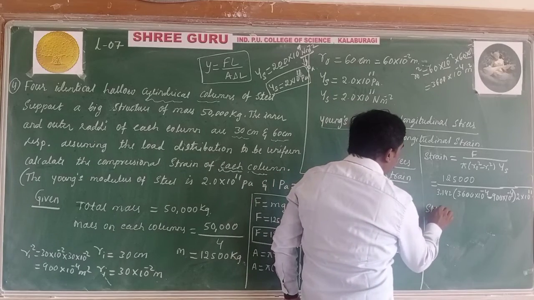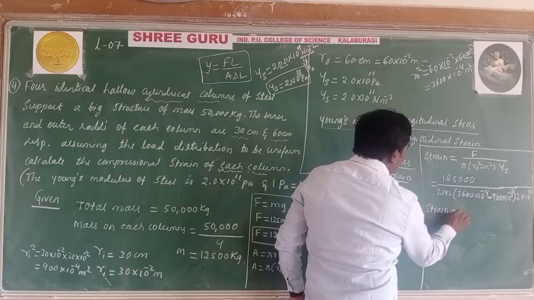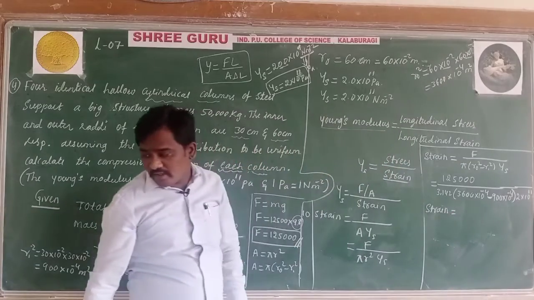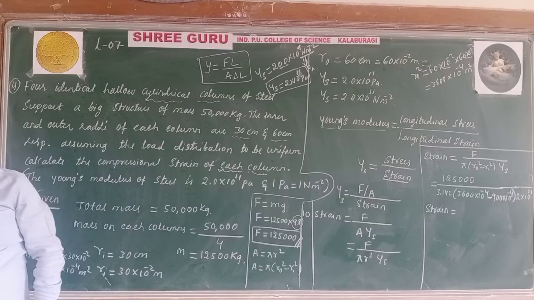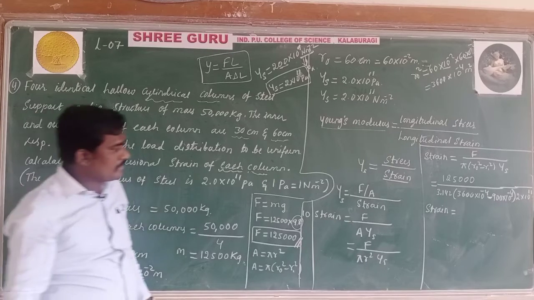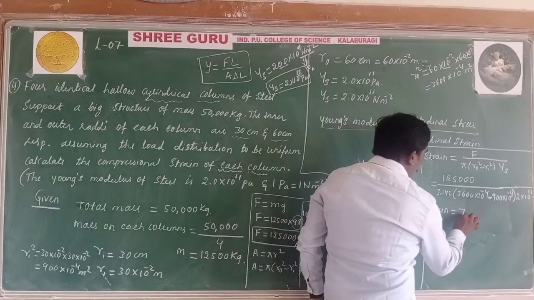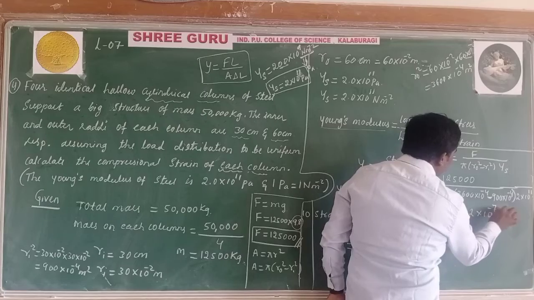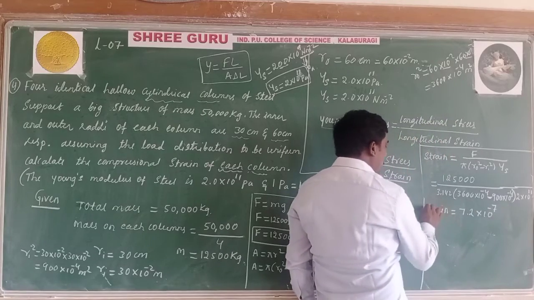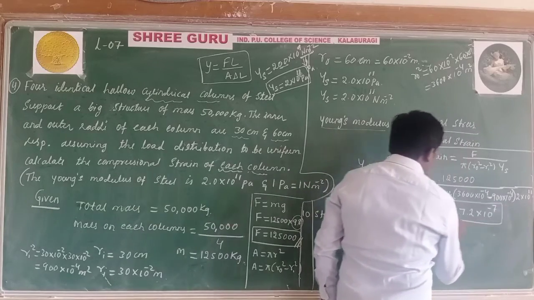The ultimate strain value, the compressional strain acting, is 7.2 into 10 raised to minus 7. Is there any unit? No, strain has no unit.